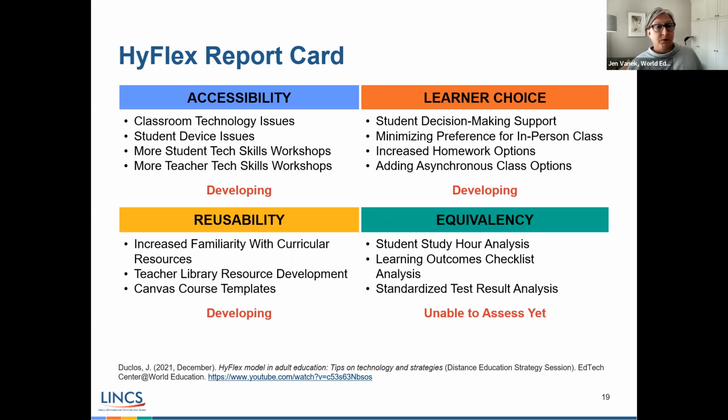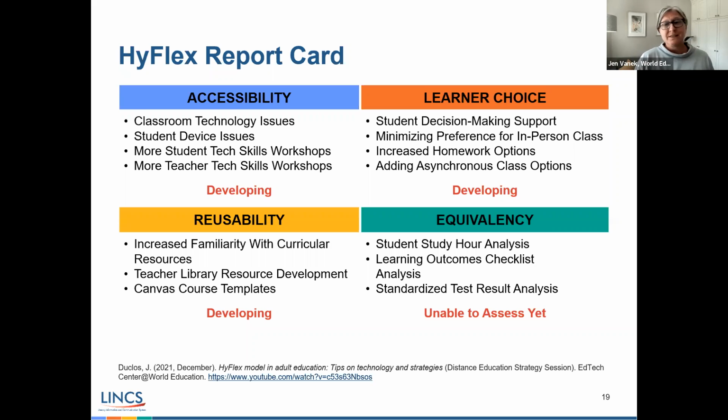With respect to reusability, they're also making progress. They've increased familiarity, for teachers and learners alike, with all the different resources available to them. Teachers are sharing. There's a library of resources, and they're also sharing Canvas course templates.